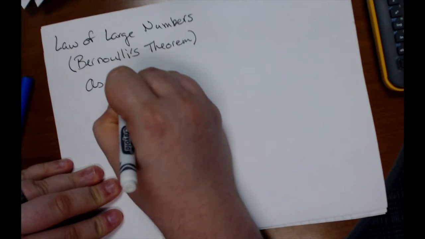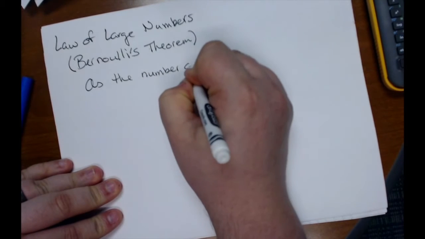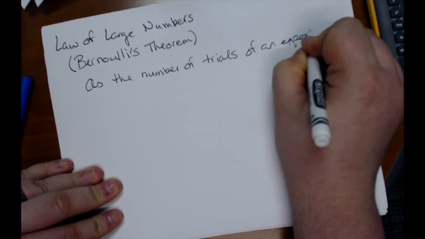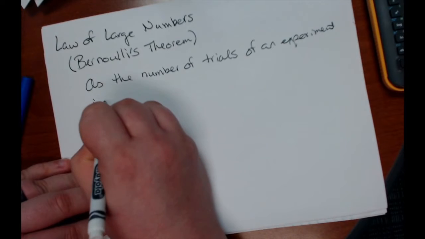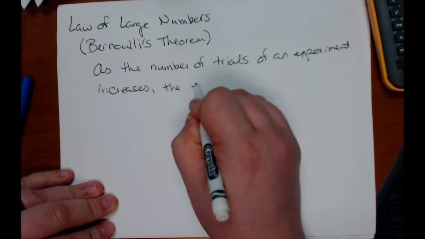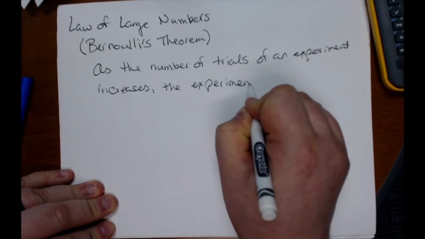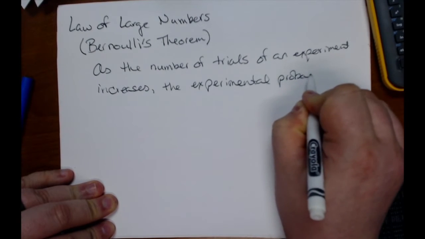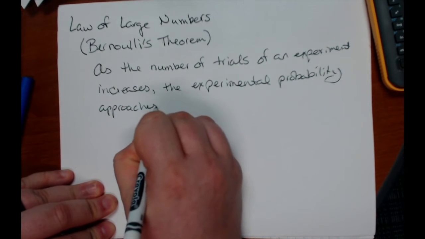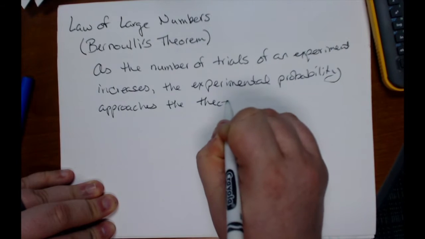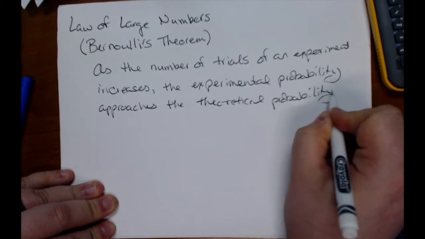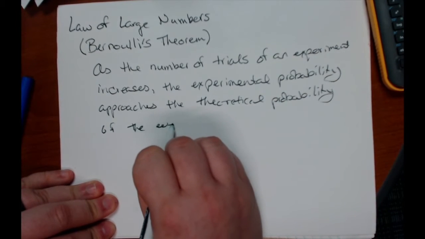And it says, as the number of trials of an experiment increases, the experimental probability approaches the theoretical probability of the event.